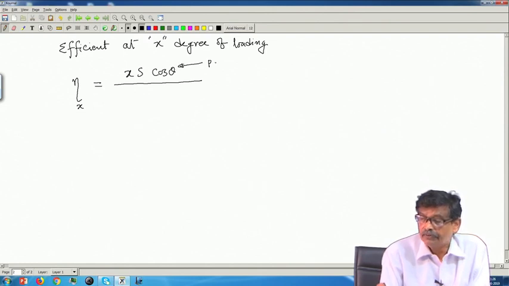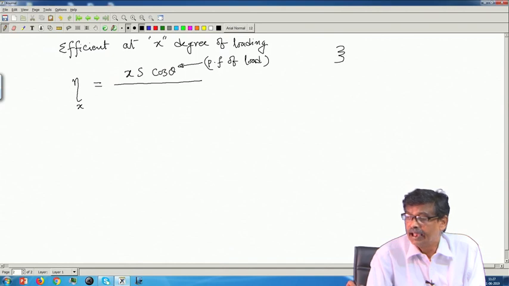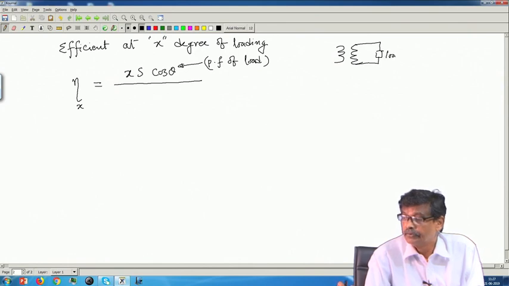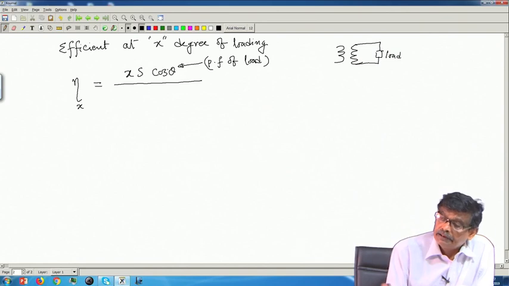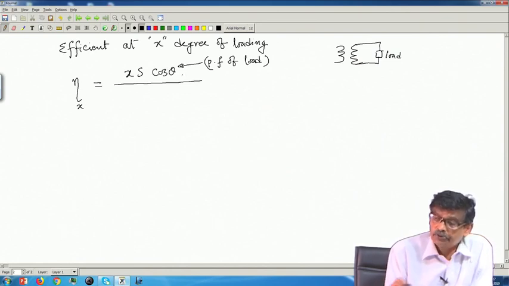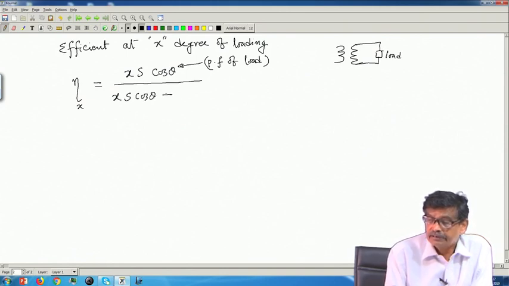Power factor of the load. That is, this is the actual practical transformer. This is your load, its power factor angle theta, and this is the output kilowatt, and input kilowatt will be output plus the losses.